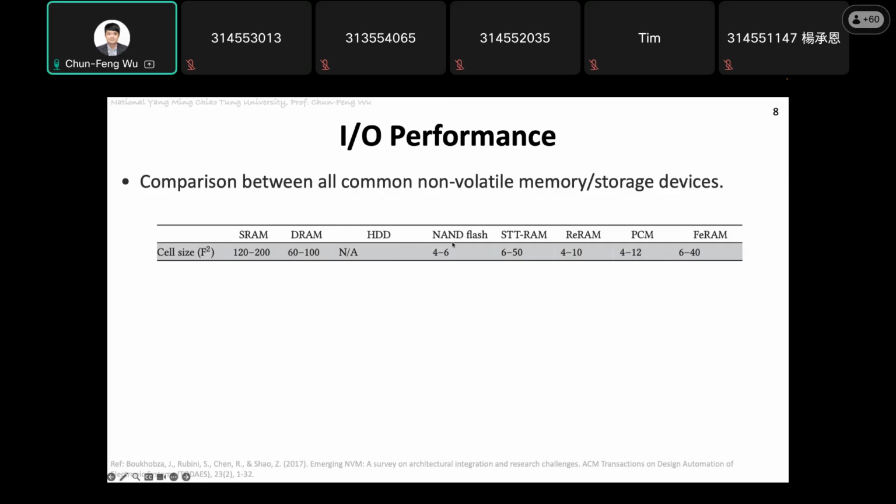The price for NAND flash is cheap because the cell size is super small. NAND flash now is around 10 to 15 times smaller than DRAM. So this is about the cell size.